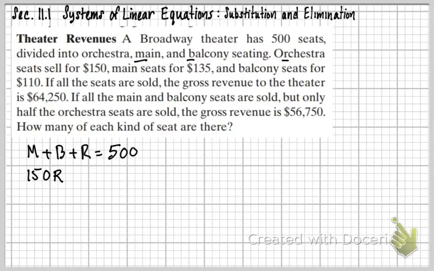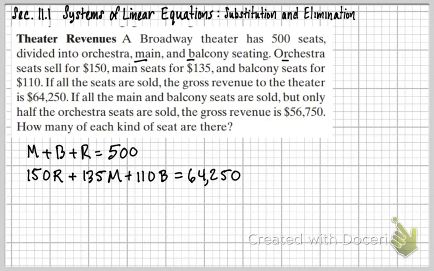So if I take all the amounts of the seats, the orchestra seats are $150R, and then the main seats, plus 135M, plus 110B, and that's going to equal 64,250. So that's the second equation.